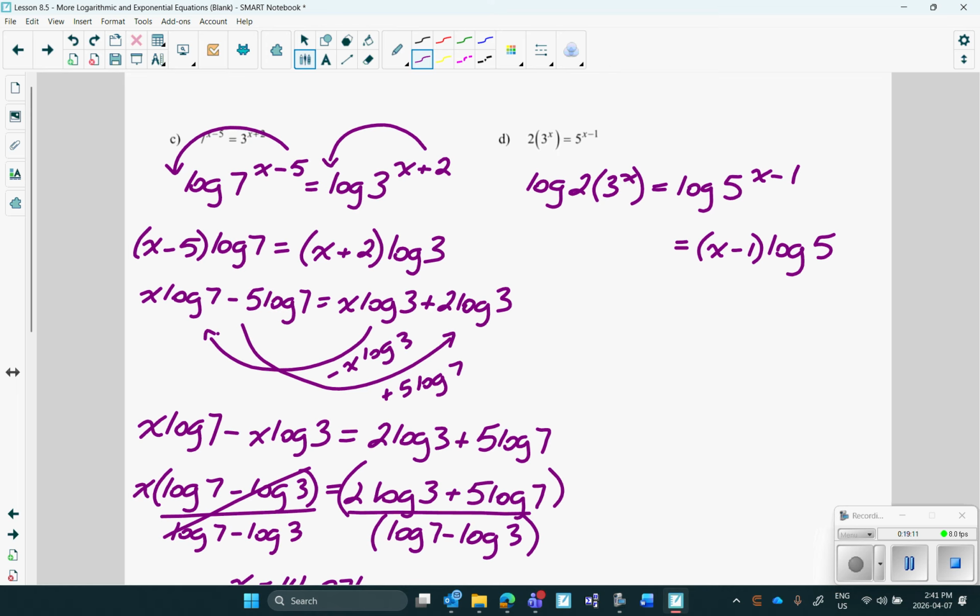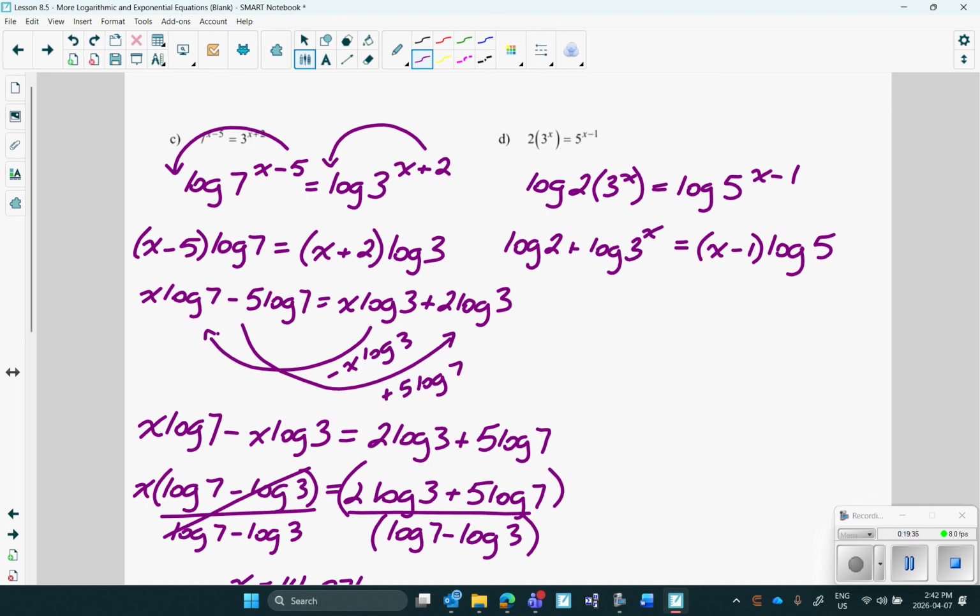Could I somehow separate these? Divide? How can I separate these out? Exactly.